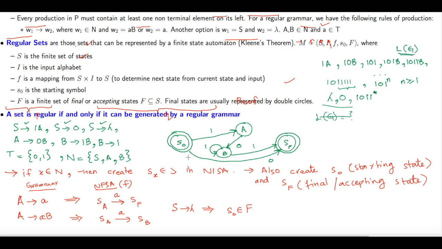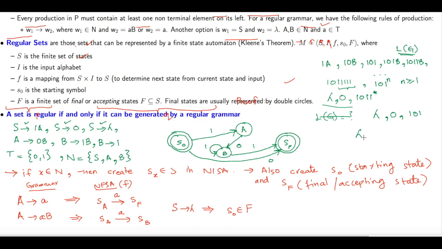What is the language generated by this finite state automaton? Now this starting state is the final state as well, so this is the case. The starting state goes to a final state at the input of 0, so this is the case. Then we have 1, 0 and 1, so 1, 0, 1 is the case. But then we have a self loop at B, right?